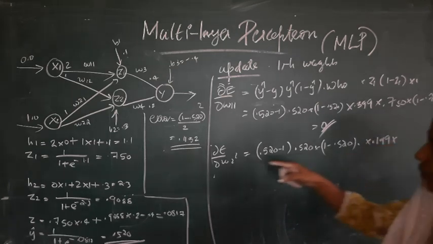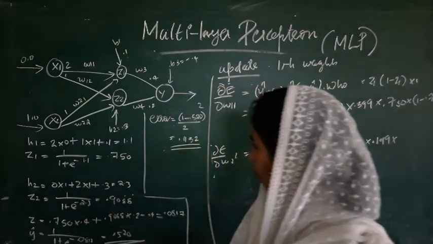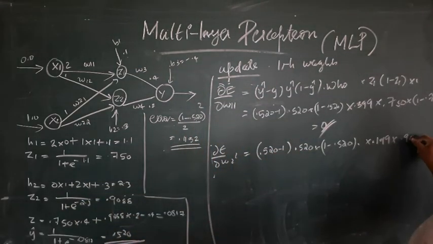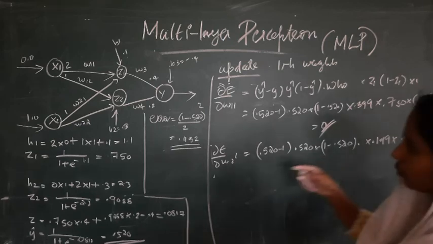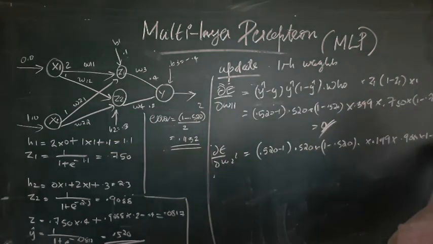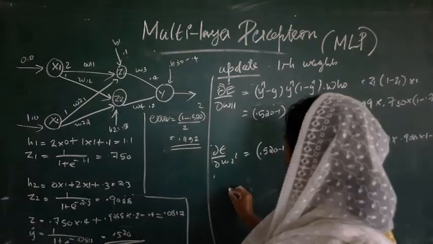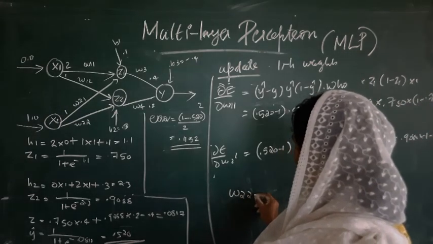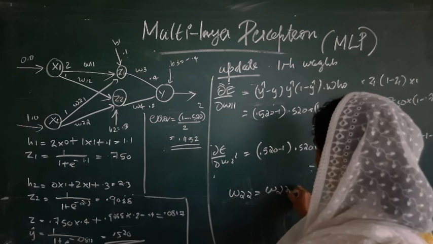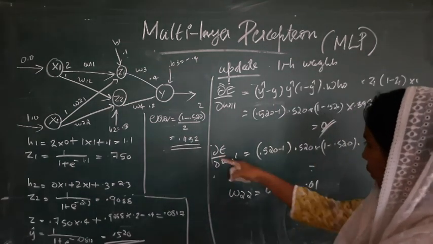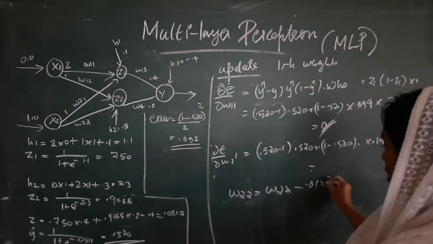Now the value of Z is Z2, which is 0.9088, so 0.9088 into 1 minus 0.9088, into the input, which is 1. So that value must be computed to get the weight update value for W22, and this is applied to the existing value of W22, that is the new W22 is the old value of W22 minus 0.01 into the value that you will get here.